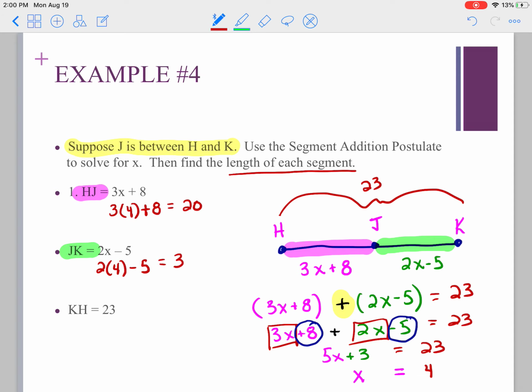And then KH, the entire segment, is 23. Now, if we did it correctly, 20 plus 3 is equal to 23. Therefore, our segment addition postulate is true.